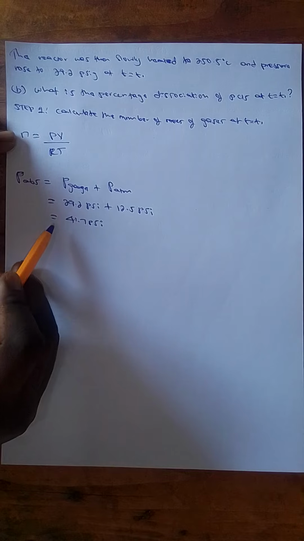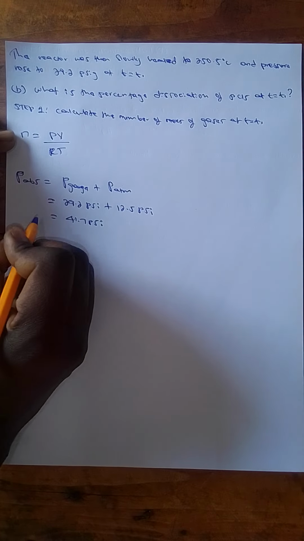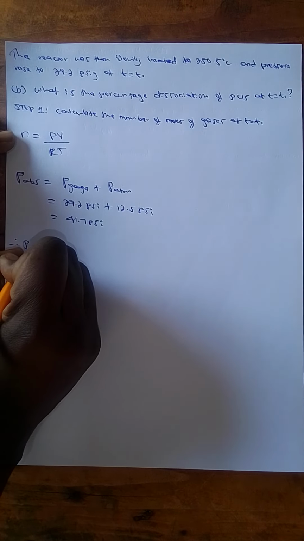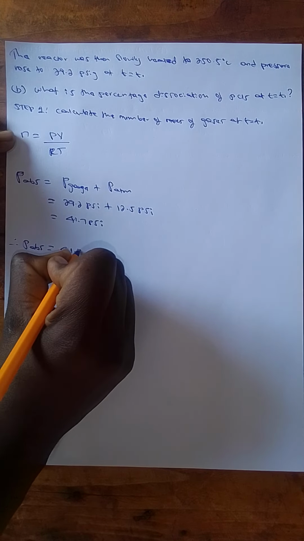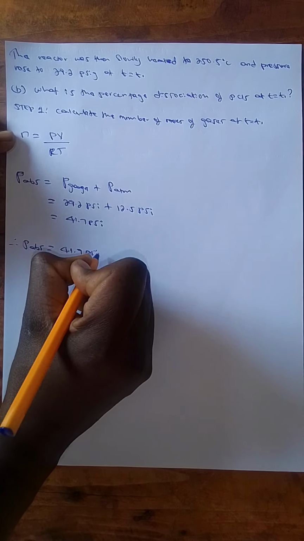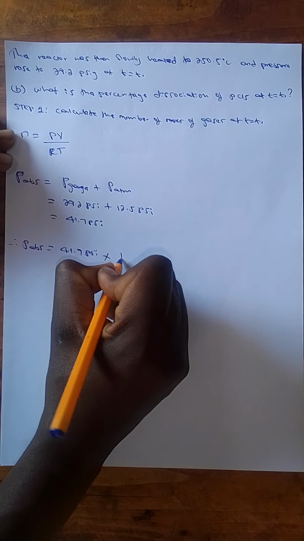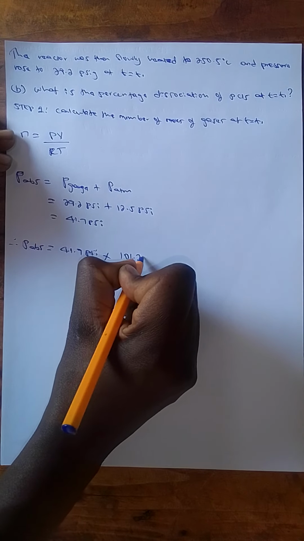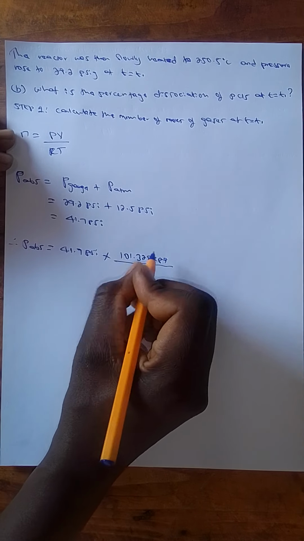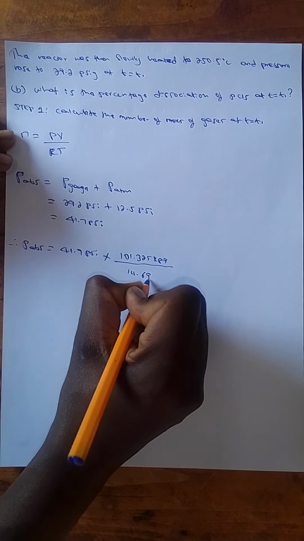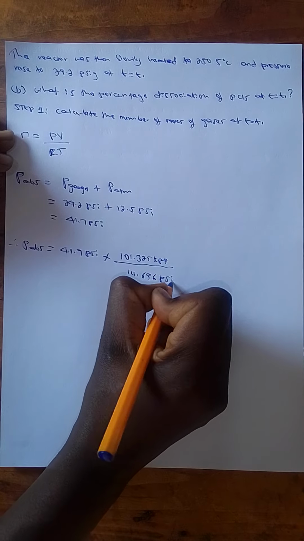Now we need to convert the absolute pressure into kilopascals. We can just say, therefore, absolute pressure is equal to 41.7 psi multiplied by the conversion factor 101.325 kilopascals all over 14.696 psi.